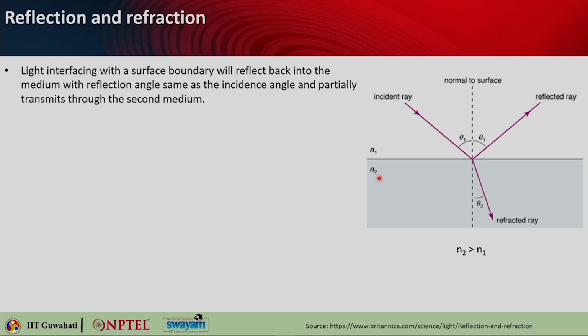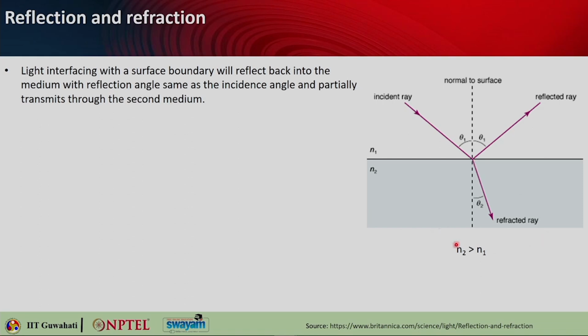So medium 2 has a refractive index of n2. Now depending on whether n2 is greater than n1 or otherwise, the refracted ray will be either close to the normal or away from the normal.